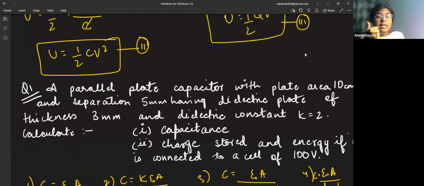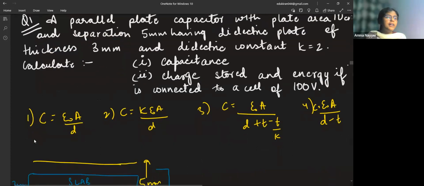This is clearly written: dielectric plate of thickness 3 millimeters, right? So you are inserting a plate. And how to identify that this is different from case 2? See, 1 is definitely not possible, all those who are saying 1, because dielectric is mentioned. As soon as the term dielectric is mentioned, this term gets lost. Fourth, conductor is not mentioned, dielectric plate is mentioned. So this is not possible.